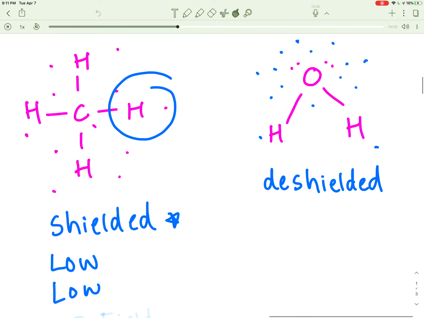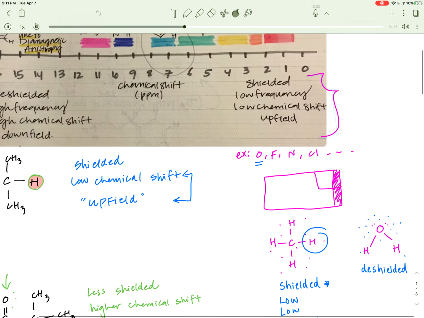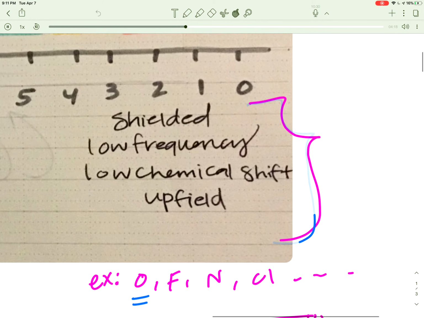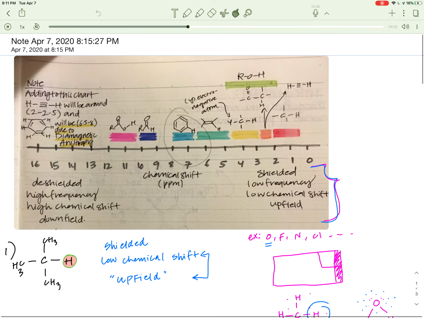So shielded is going to be usually upfield, right? So this is what I wrote right here. If you look at it, shielded is going to be with low frequency, low chemical shift, and upfield. Alright? So let's do some examples.